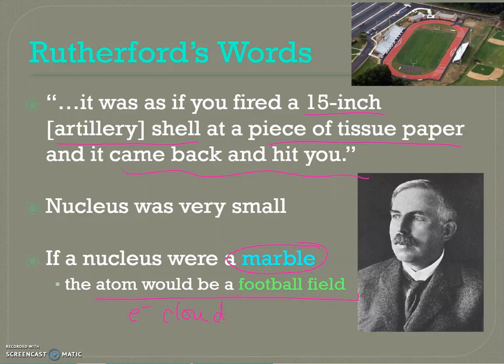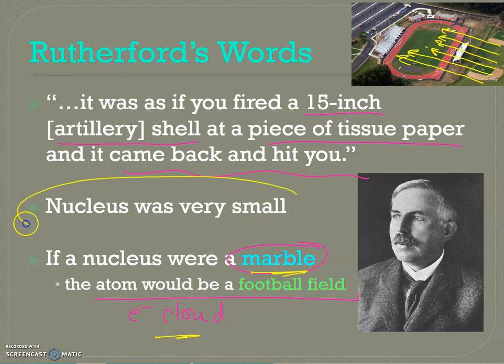If you think about these alpha particles going through, you would be able to cross the field about 8,000 times before you were to blindly step on the nucleus, the marble in the middle. So bonkers crazy how small it is, but we do have a very small, positively charged, dense nucleus.